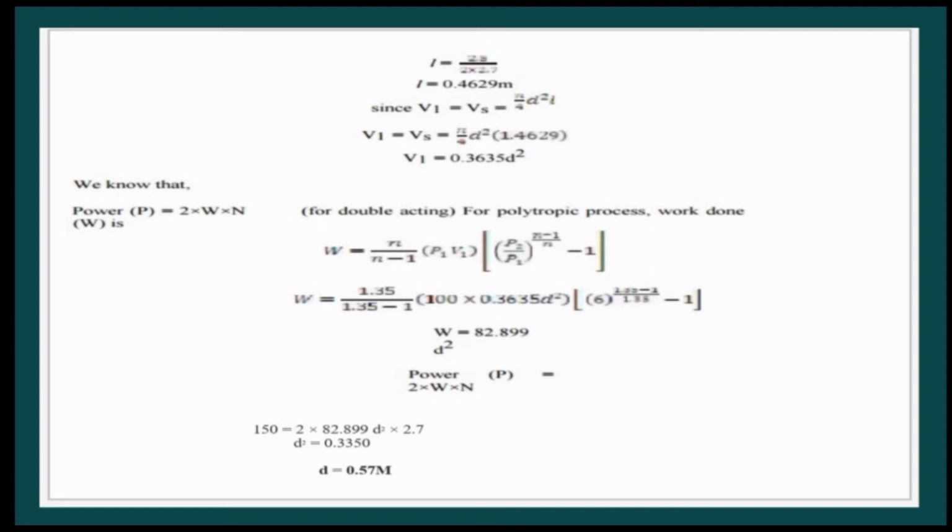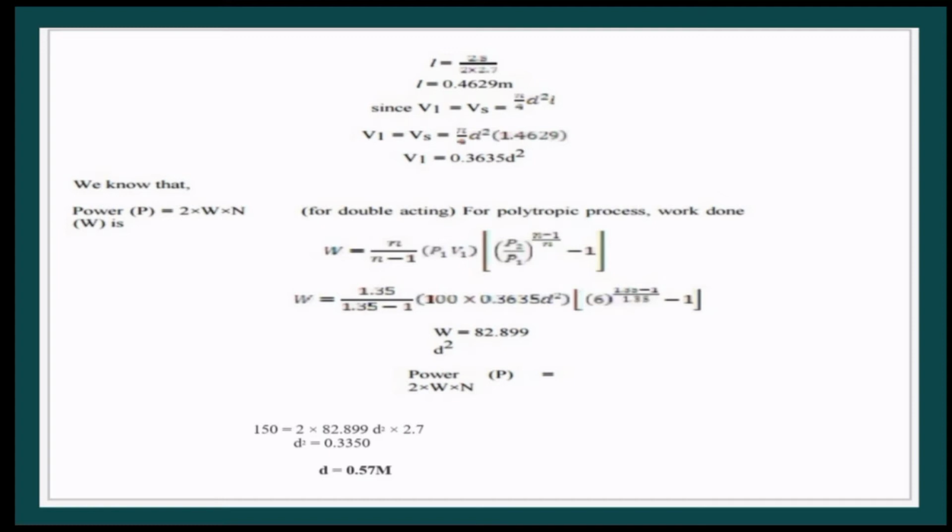Then substitute: work is equal to 1.35 over 1.35 minus 1 times 100 times 0.3635 D squared times the parenthesis of 6 raised to 1.35 minus 1 over 1.35, minus 1. The work is equal to 82.899 D squared.